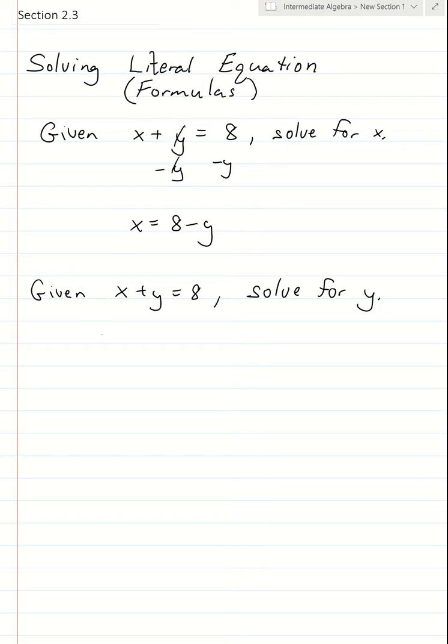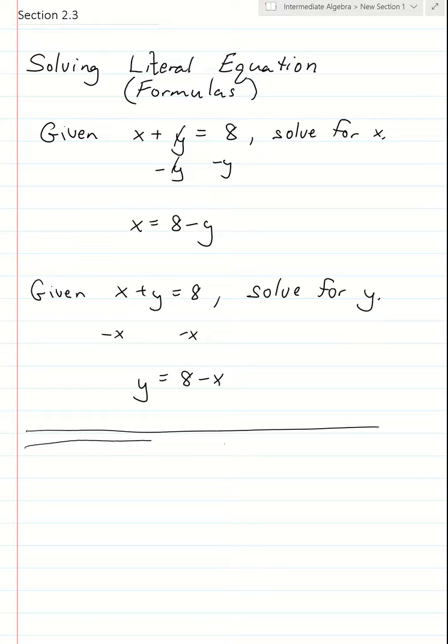So I'm going to subtract x on both sides, in which case we would have y equals 8 minus x. So with literal equations, you are going to be given some type of relationship, but you also need to be told which variable you're looking to solve for. Okay? That's the variable you want to get by itself.